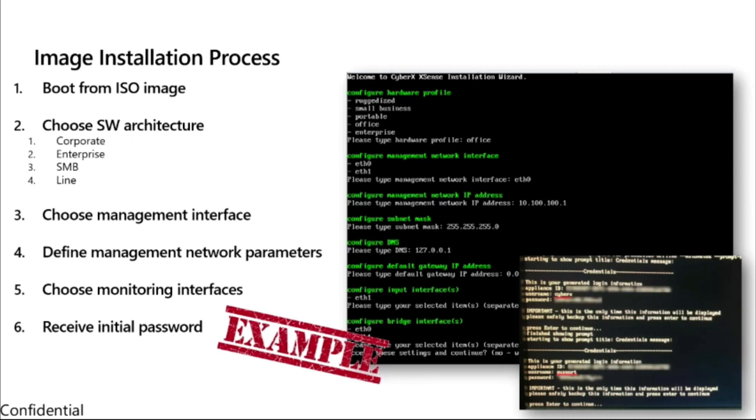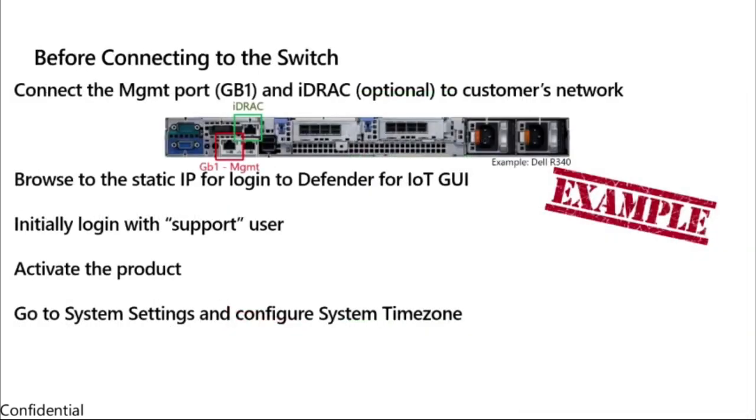We go through several steps of installation, identifying what kind of deployment, what kind of interfaces we are going to project the traffic to be coming from, and what the networking addresses are that we need to work with. What is the IP address of the device? What is the subnet mask? What is the DNS, the gateway, and so forth? And we will receive the password for the system in order to get on the UI for the first time.